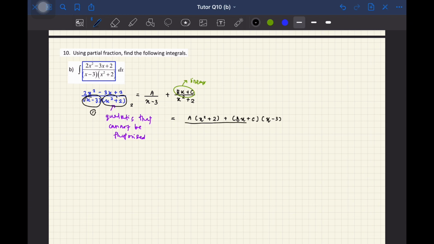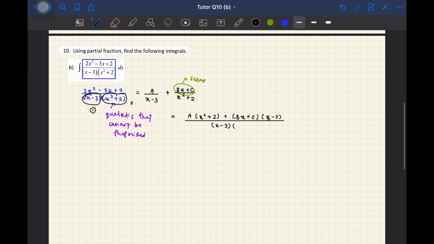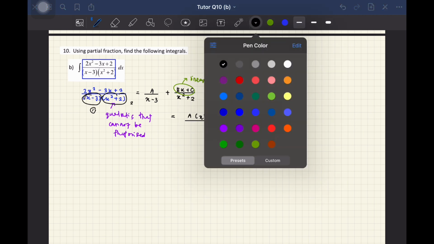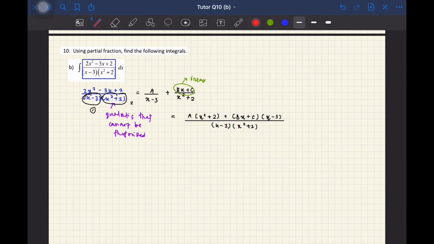And then you put a long line like this, and the denominator kita adalah combination of those two factors, x minus 3 times with x squared plus 2. Settle. So dah sampai equate denominator, dah samakan kita punya pembawah. So this is the step of equating denominator.